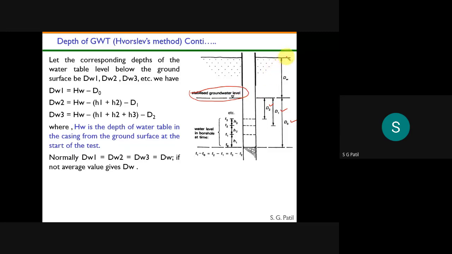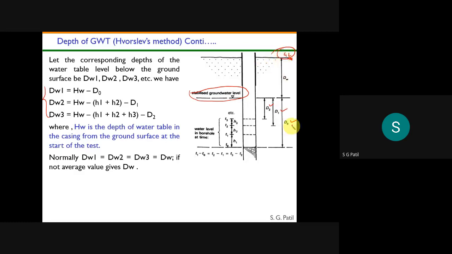Always we measure from the ground level, which is fixed. So I should use these three formulas to get the depth of the water table from the ground level. These are depths from some imaginary reference line whose location I don't know, but the ground level is fixed, so I always have to take the reading from the fixed reference point.